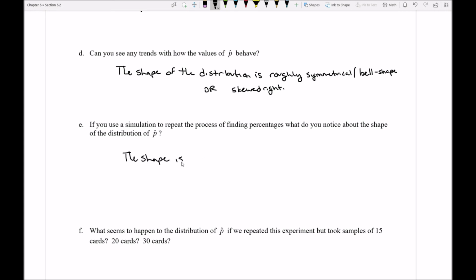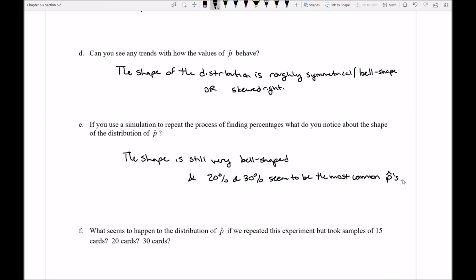The shape is still very bell-shaped, right? That seems to be the case. And 20% and 30% seem to be the most common results. Or I'll say here the most common p-hats that I can end up with.